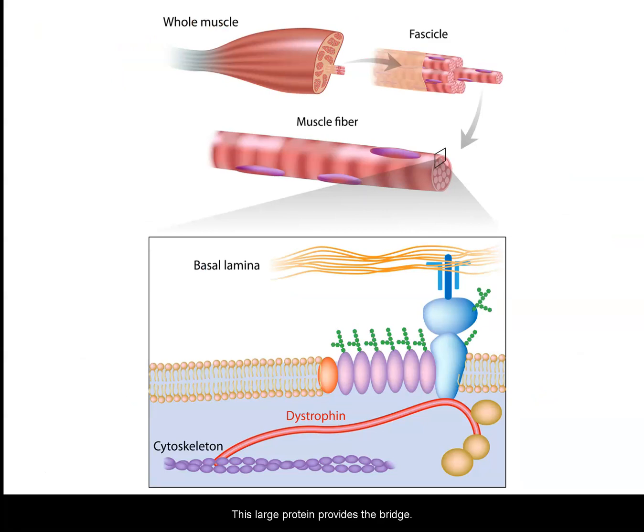This large protein provides a bridge. You can see here dystrophin in red provides a bridge between different muscle fibers and how they contract and how they join together. So it is an integral part of proper muscular function.